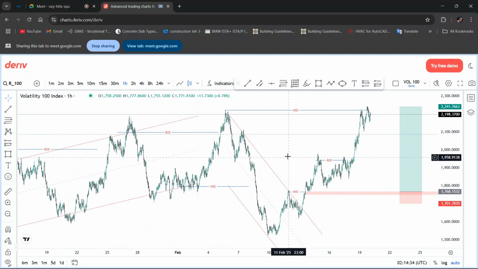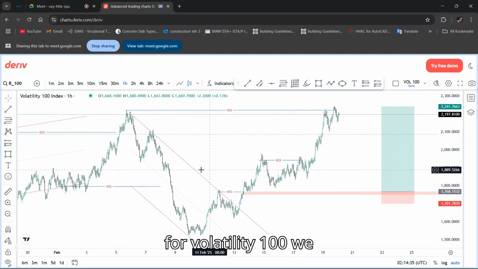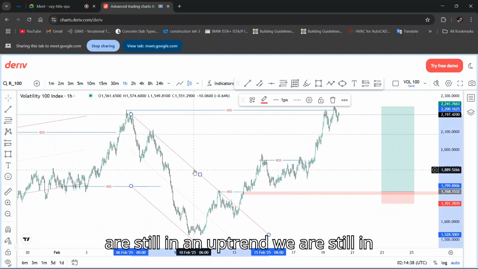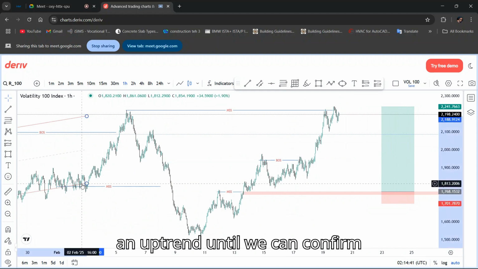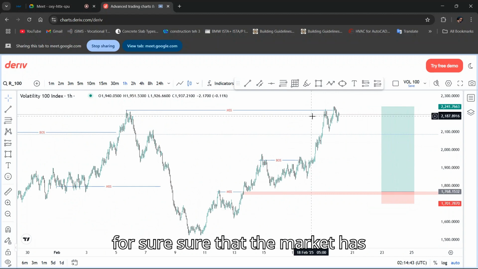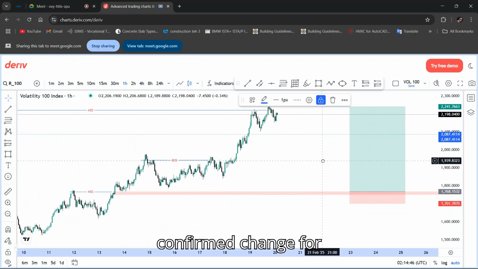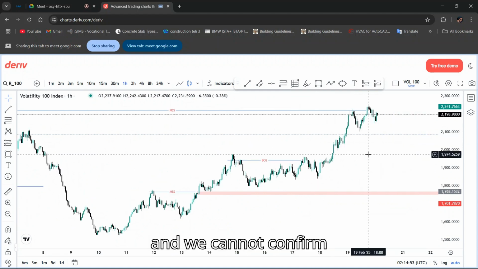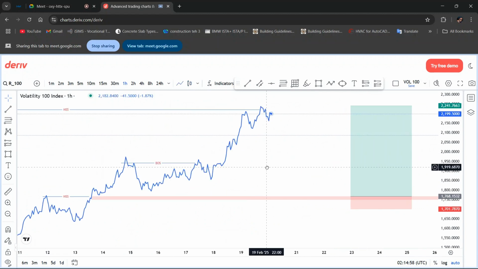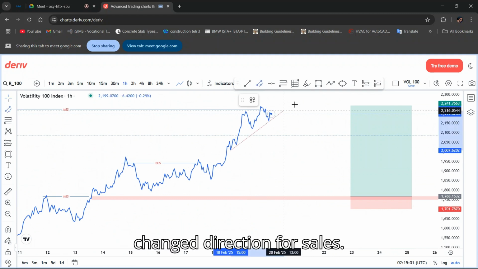So for volatility 100, we are still in an uptrend. We are still in an uptrend until we can confirm for sure that the market has confirmed change for a seller's market. And we cannot confirm that the market has changed direction for sales.